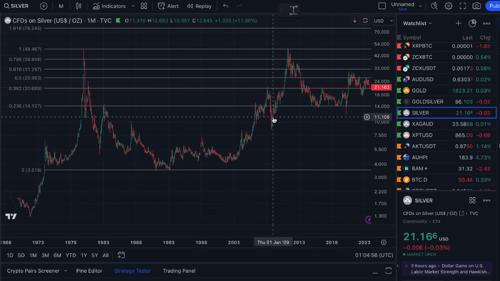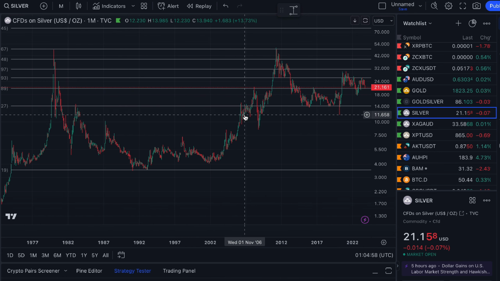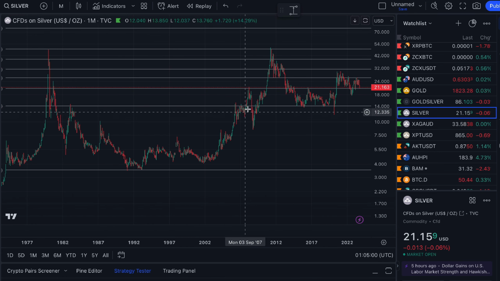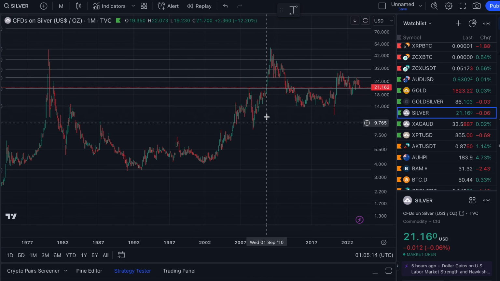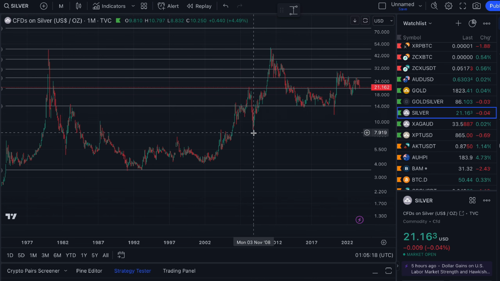Again, hindsight, just a wild speculation, but I think it's a decent one. If the black swan did not occur, it probably would have found support around this cluster of the 0.236 at $14 before continuing on its merry way. So you can't discount it completely, but take that into account. That was a black swan event that took the price down to there.